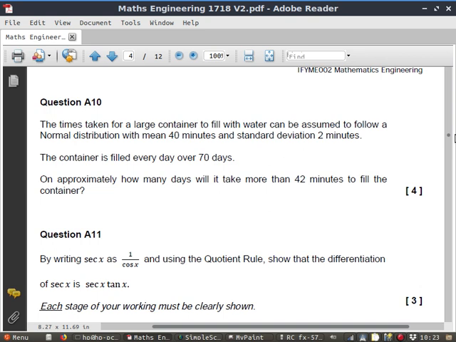3 over 70 days. Hmm? There's no 70 minutes. 70.